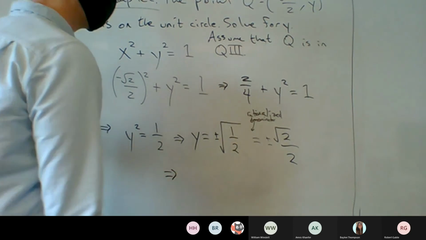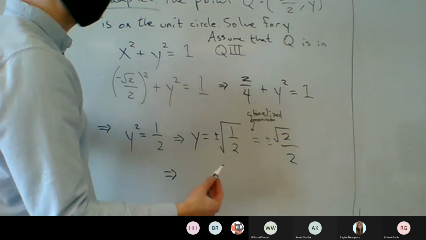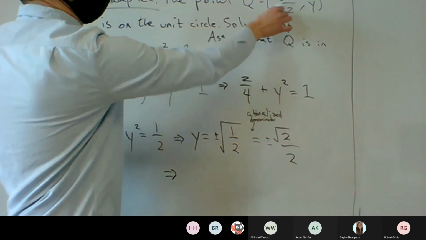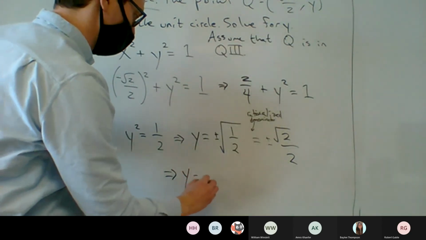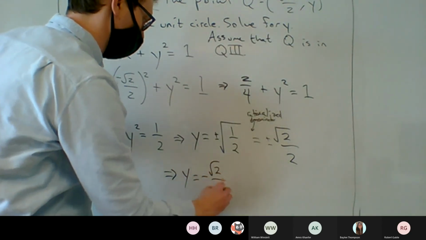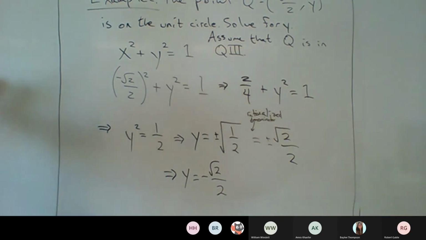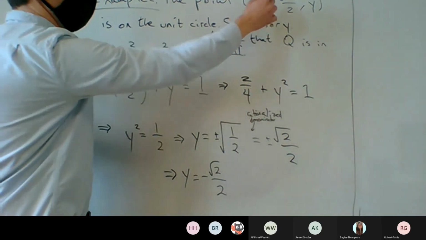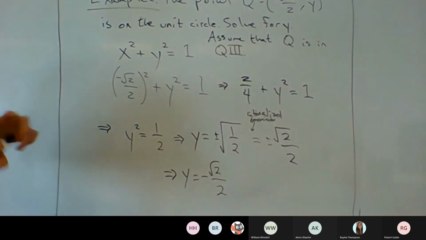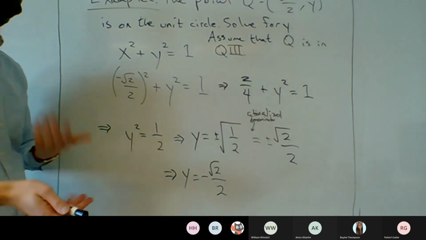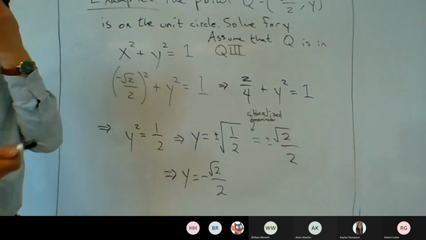In quadrant 3, x and y are negative, which checks out with Q having a negative x value, so my y value must be negative square root of 2 over 2. It matches the x value. By the way, both of these coordinates look familiar again, right? These are ratios we're used to seeing from our trig functions.